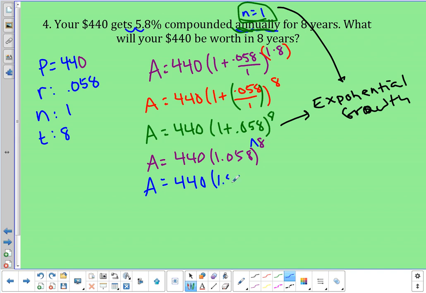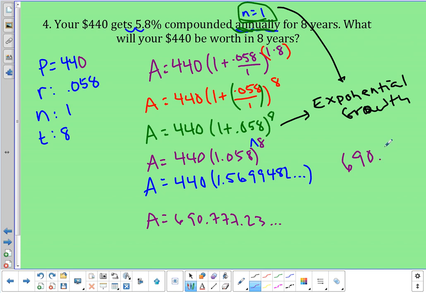Don't clear your calculator. Then, very last thing, multiply by 440. So I end up here with 690.77723 and so on. So 690.78 is kind of what I'm looking at.